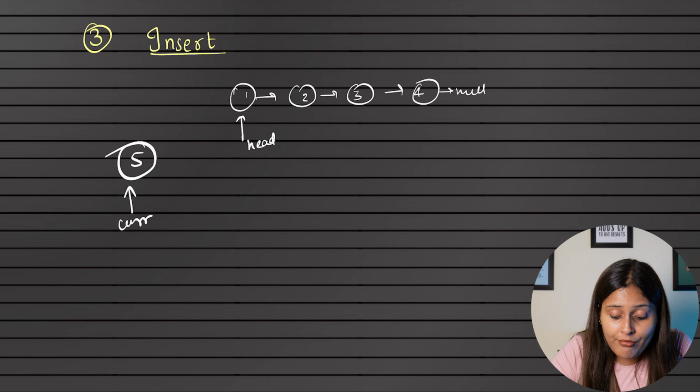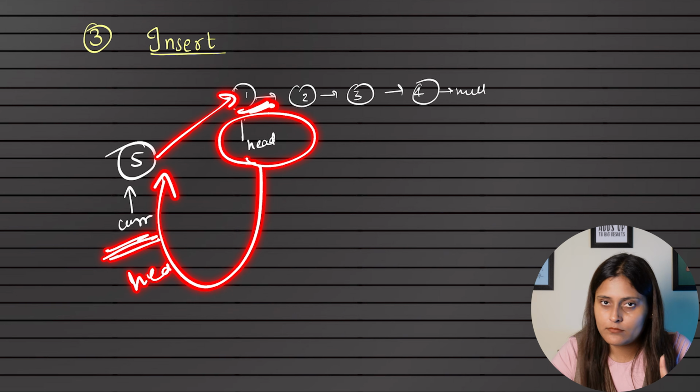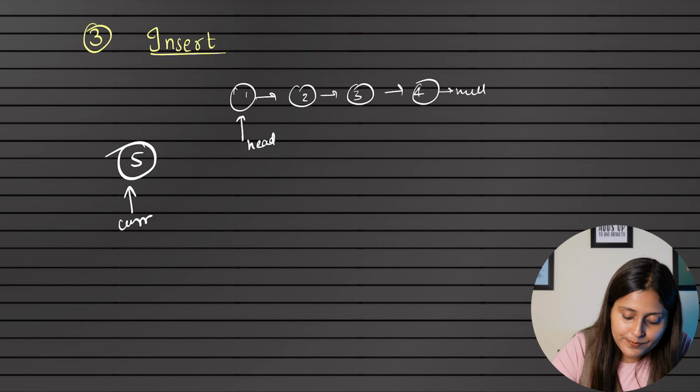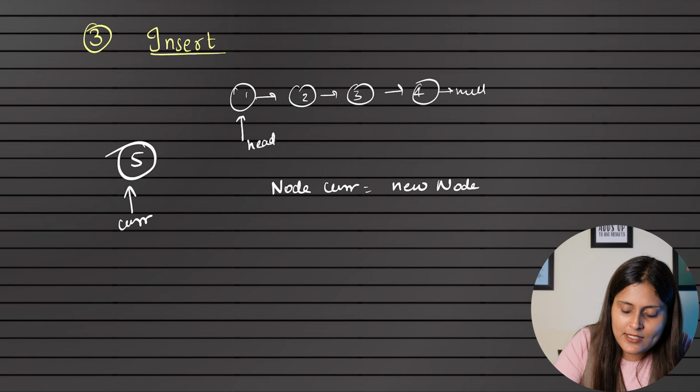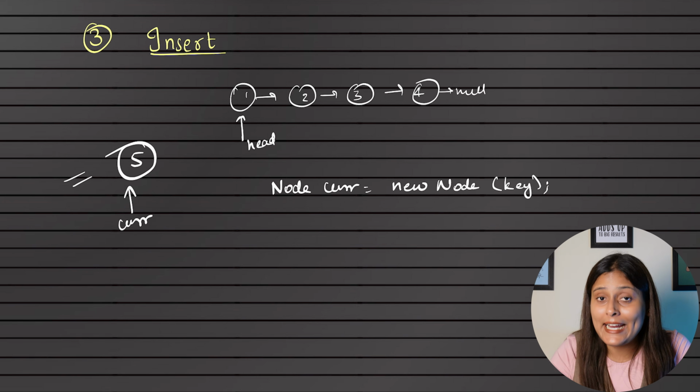Can I say I will connect current dot next to head, and also I will make current the head. Again, what I said, first we will make a current node with a new node, with the key value. So we will say 5 has been created.